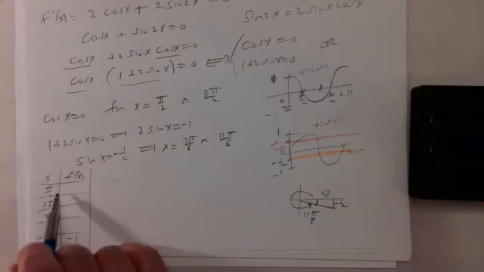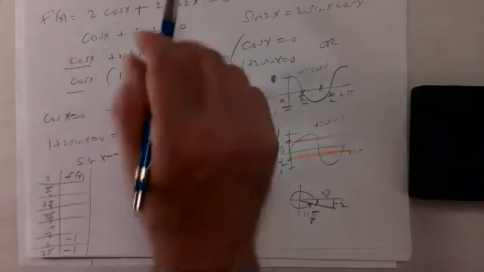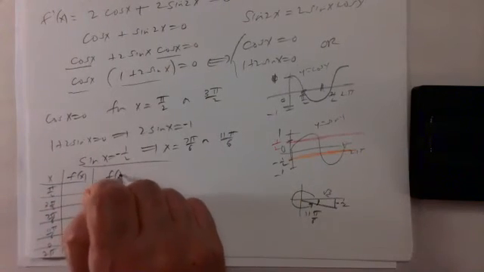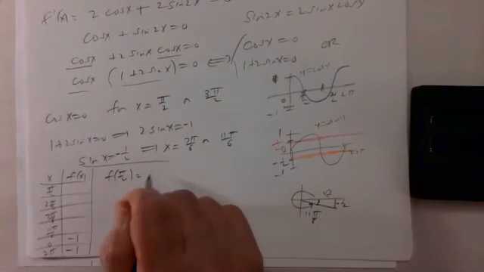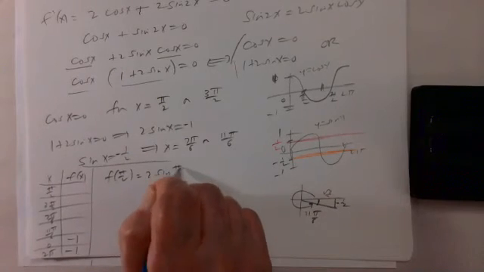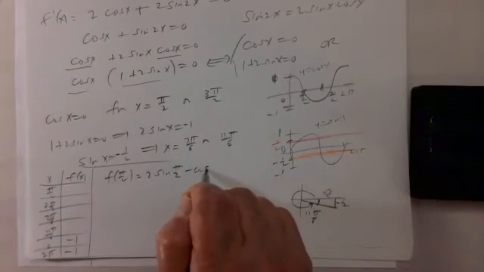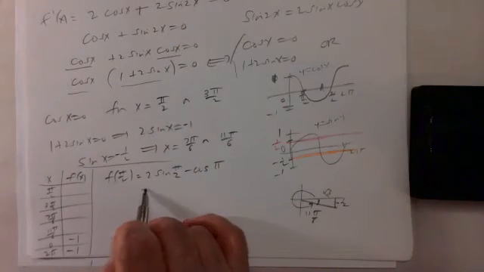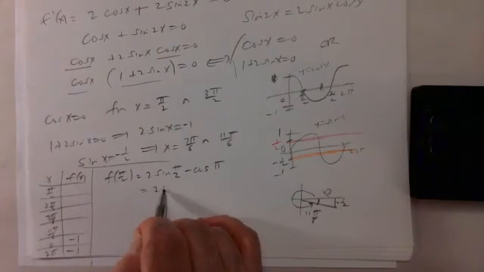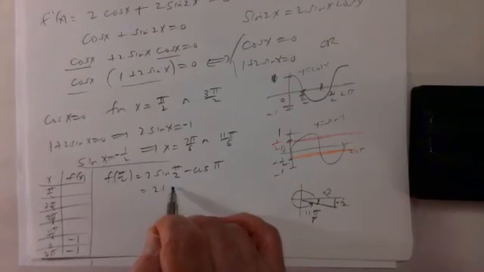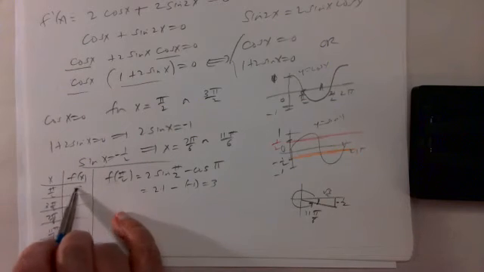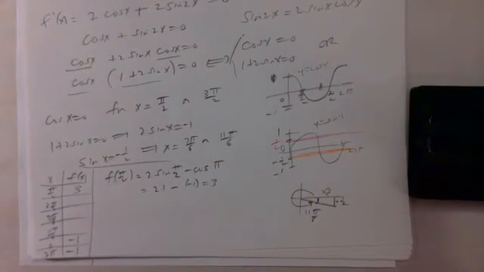What about when x is pi over 2? Let me just do the calculation. F of pi over 2 is 2 times the sine of pi over 2 minus the cosine of 2 times pi over 2, which is pi. Sine of pi over 2 is 1. Cosine pi is minus 1. So I get 2 minus minus 1 is 3.